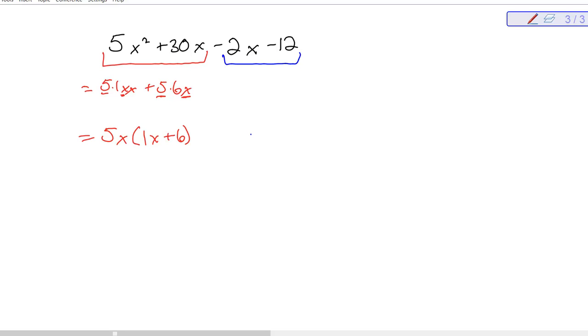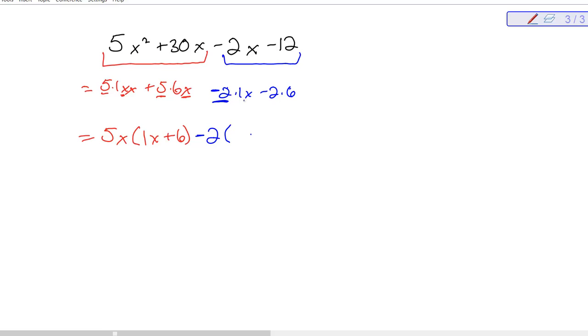Now looking at the second set, a number that will go into both of them is a 2. So I'm going to rewrite this as a negative 2 times 1x and a negative 2 times 6. And remember on the previous problem I said whatever sign this is, that is what I'm going to take. So I'm actually going to have to take a negative 2 out of here.